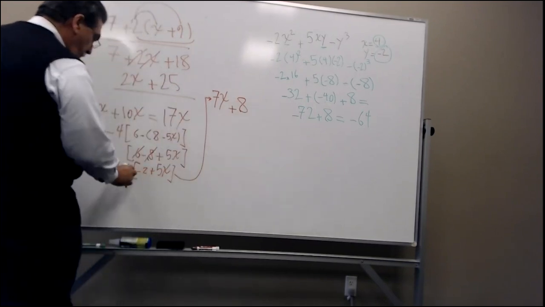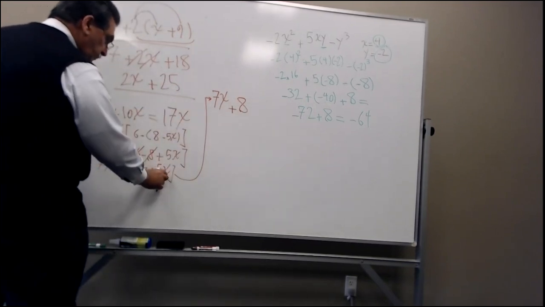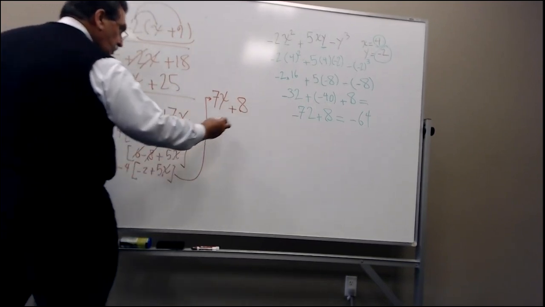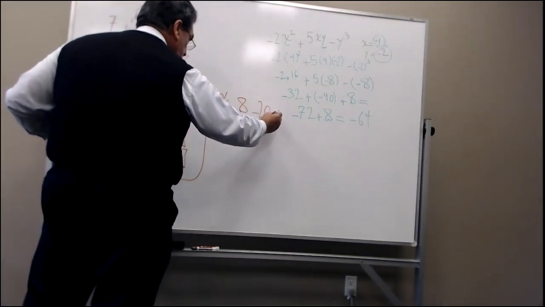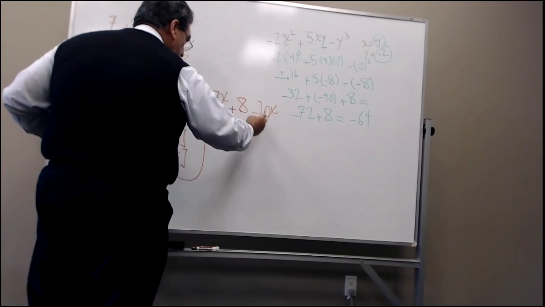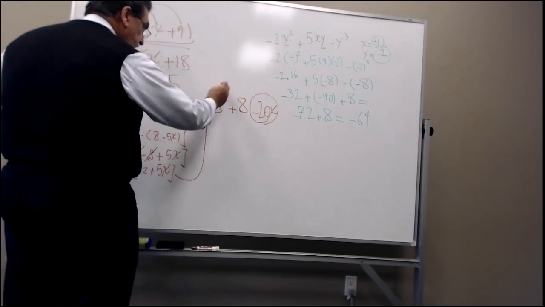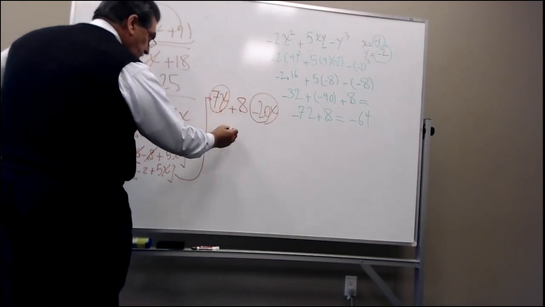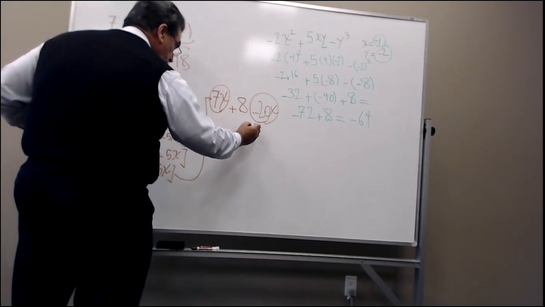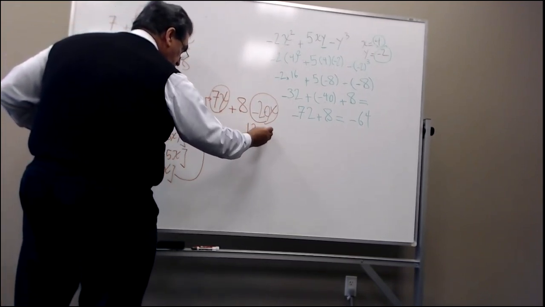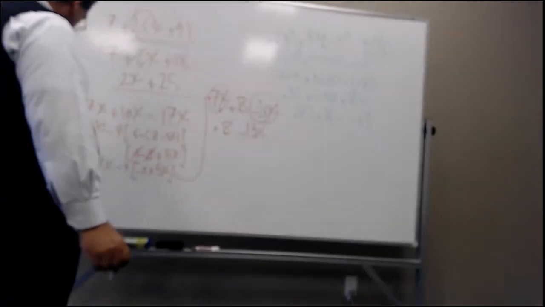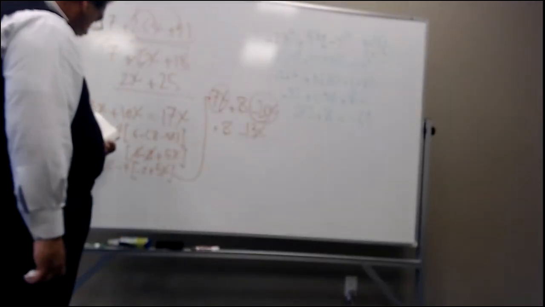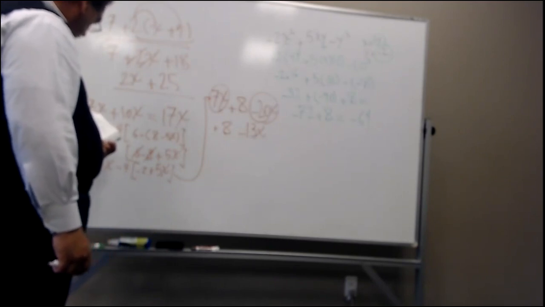Yes? Minus 4 times plus 5x would be 20x. So I have minus 20x and I have plus 7x. Becomes minus 13x plus, yeah, that's as far as you can go.